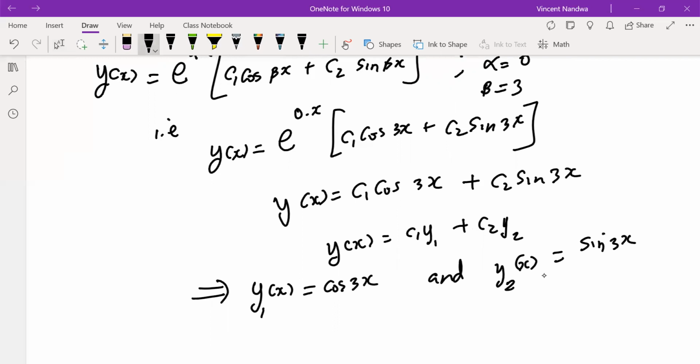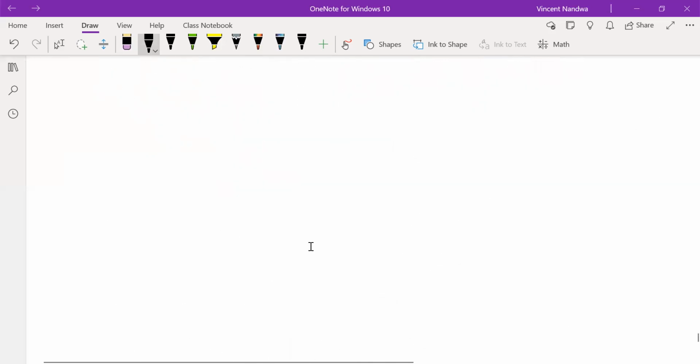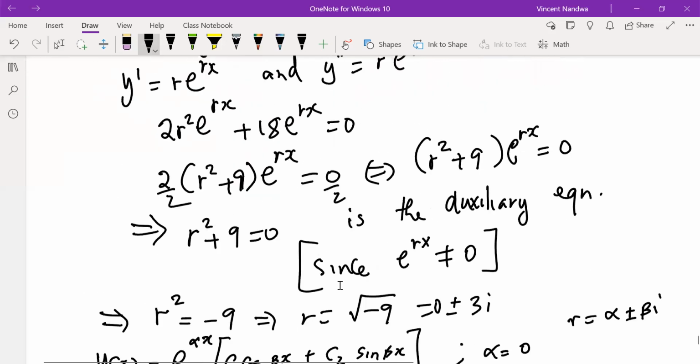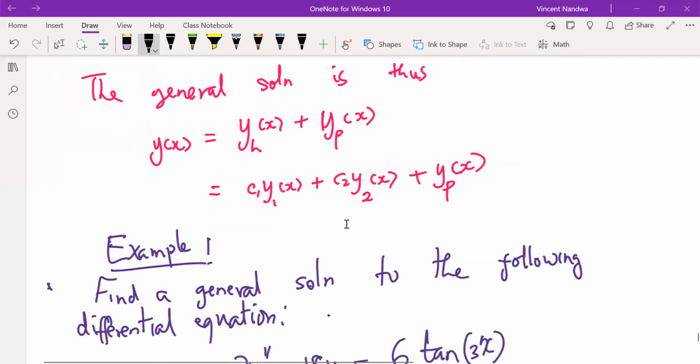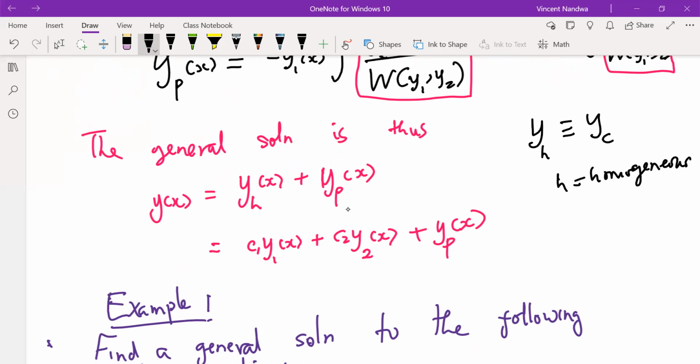This is what we are calling the complementary solution, the complementary solution of the homogeneous equation. So this yH is the same as writing yC. H means homogeneous or complementary. Sometimes we use complementary or homogeneous, but they mean the same thing.